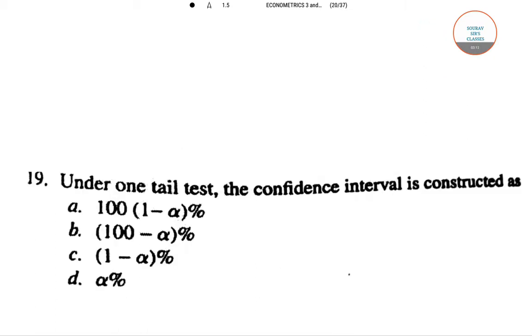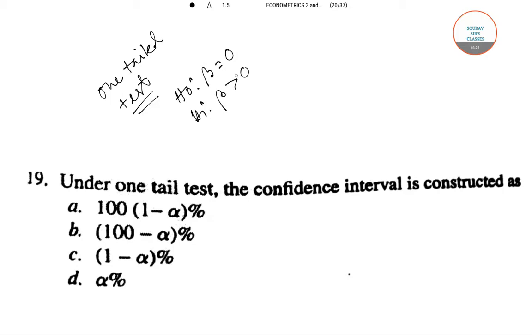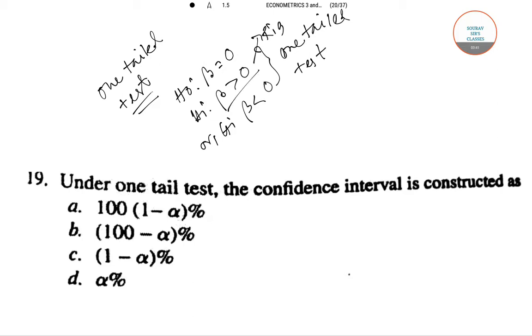Now, under a one-tailed test, the confidence interval is constructed by what? So, what do we mean by a one-tailed test? In the case of a one-tailed test, suppose the null hypothesis is beta equal to 0 with the alternative that beta is greater than 0, or with the alternative that beta is less than 0. In both cases, we say it is a one-tailed test. If it is greater than 0, then it is a right-tailed test, and if it is less than 0, then a left-tailed test.